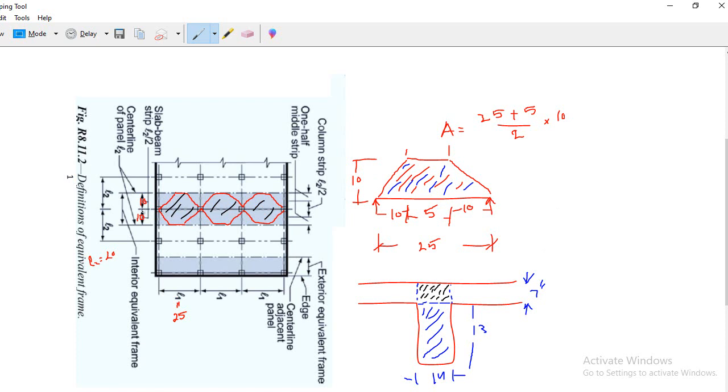We have to find out the half portion, that is the total span length divided by 2, and similarly the other span length divided by 2. As here we have a similarity in geometry, this means all panels are 20 feet in this direction and 25 in this direction. So we just pick one of them.